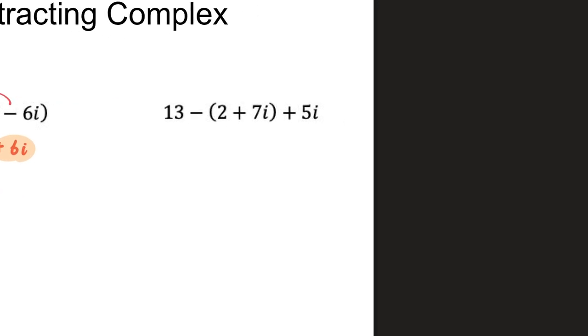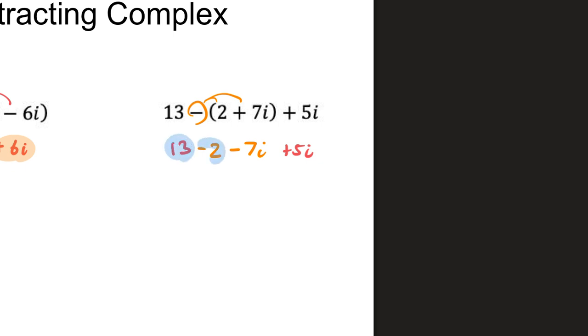Okay, the last one. 13 minus (2 plus 7i) plus 5i. Don't let the formatting confuse you. We're still going to take that negative and distribute it in. So we'll have 13 minus 2 minus 7i plus 5i. And we'll start putting things together.